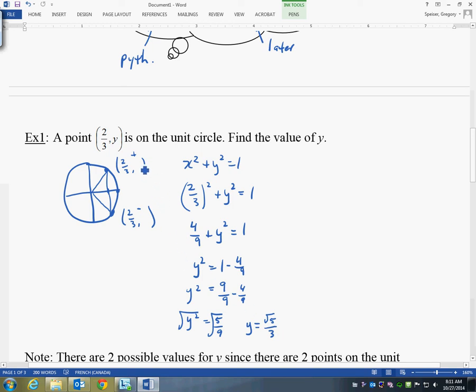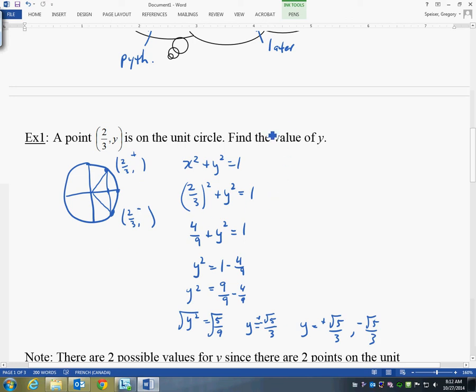Here is an example where I'm anticipating ahead of time I'm going to get a positive value and a negative value, so I'm going to put plus or minus. Really what that means is y has 2 answers. y is equal to positive root 5 over 3 and y is equal to negative root 5 over 3. There's these 2 answers, and those are our 2 points.